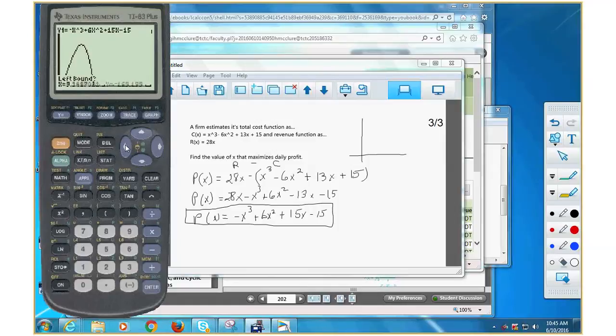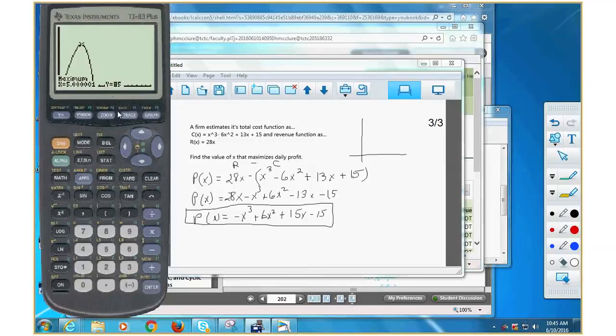I'll get there in a second. There it is. So there's my left bound. There's my right bound. It just speeds up the process. That's what it does. And there's your maximum.